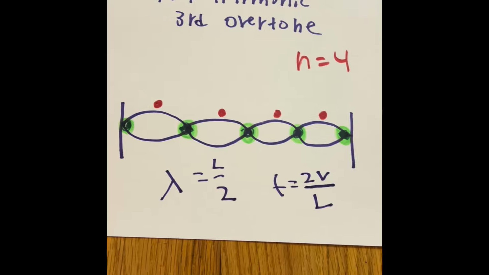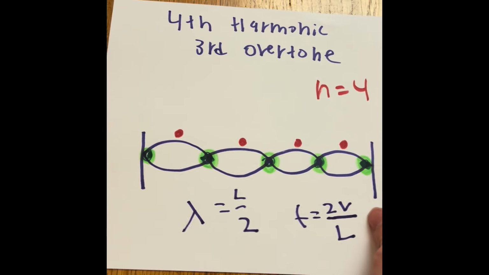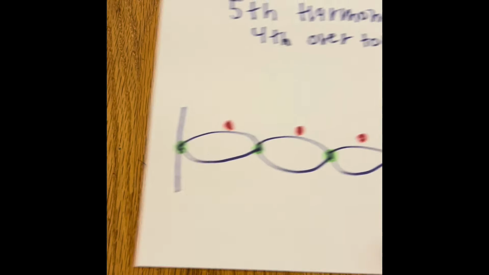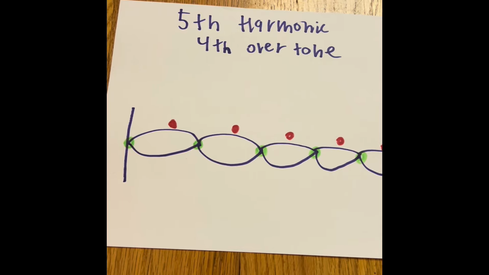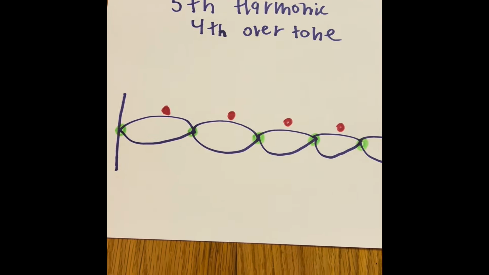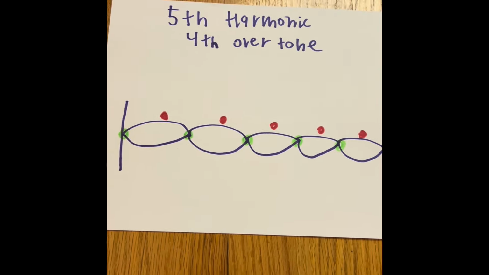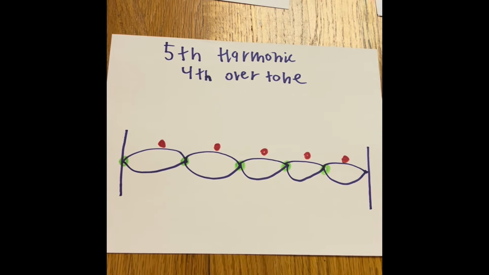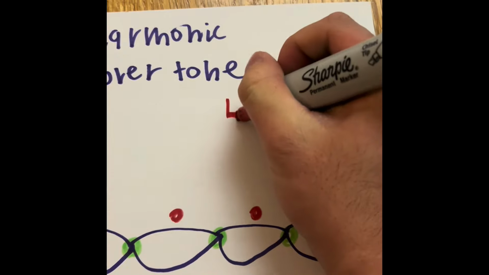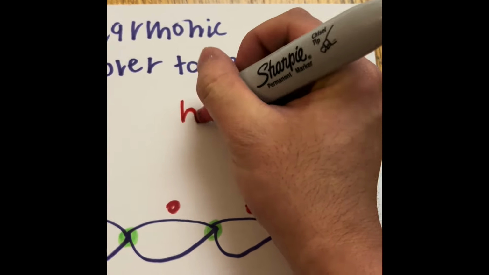The last one is going to be the most waves, but also the most nodes. So this one is going to be the fifth harmonic or fourth overtone. So here's what happens. 1, 2, 3, 4, 5. There are 5 antinodes. That is going to be a lot.